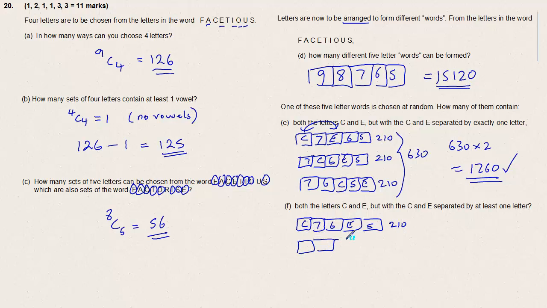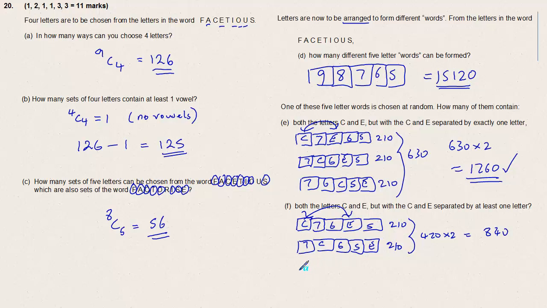Or we could have 7 choices, the C, 6 choices, 5 choices, and the E, so that's 210. So that's 420, which we need to multiply by 2 because we can swap the C and the E. So that gives me 840.